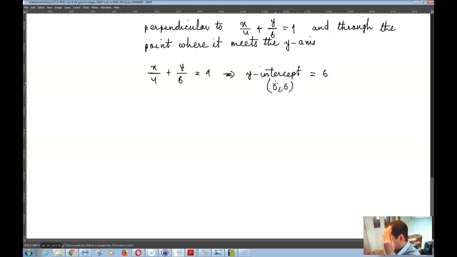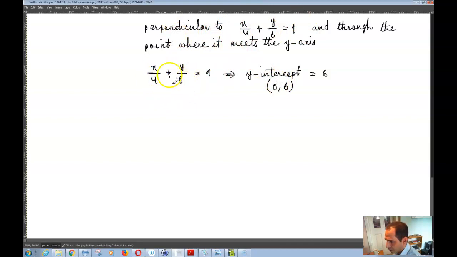Now if this point is 0, 6, that means that this is one point on the line which we want to find the equation of. And also the line is perpendicular to this line.